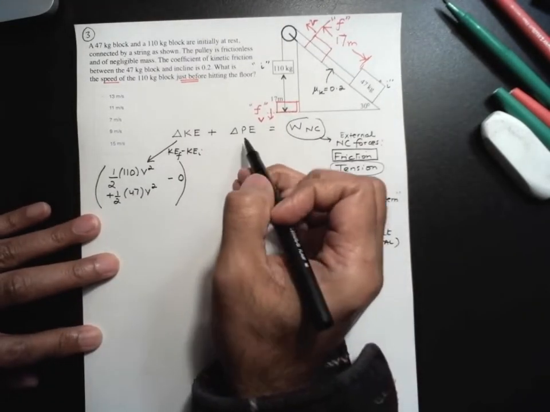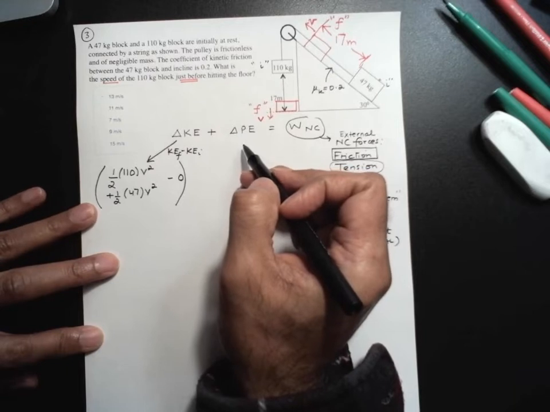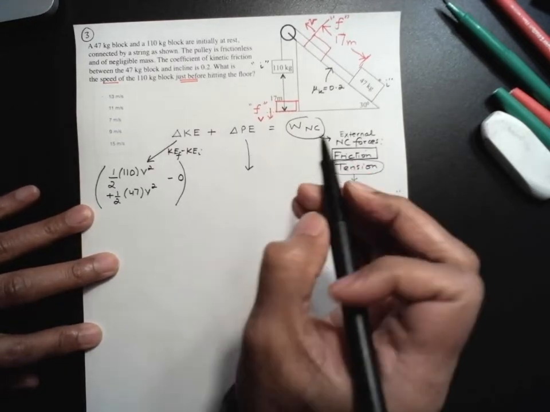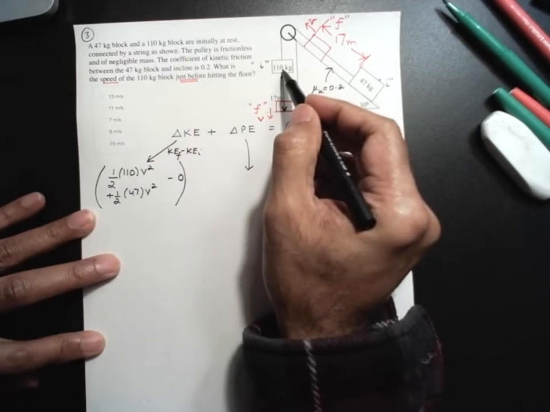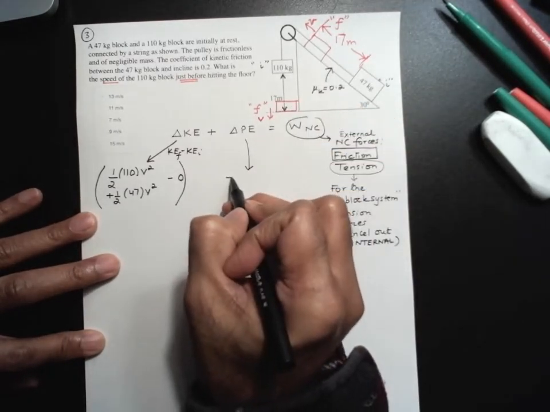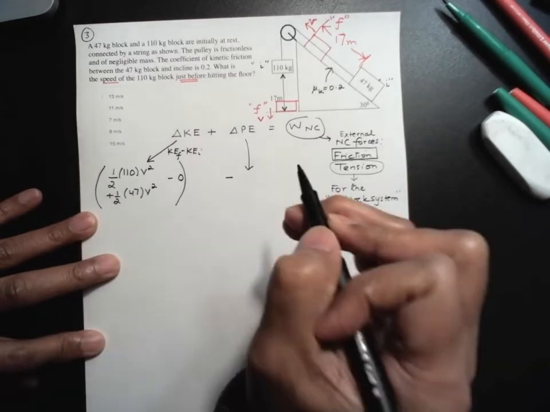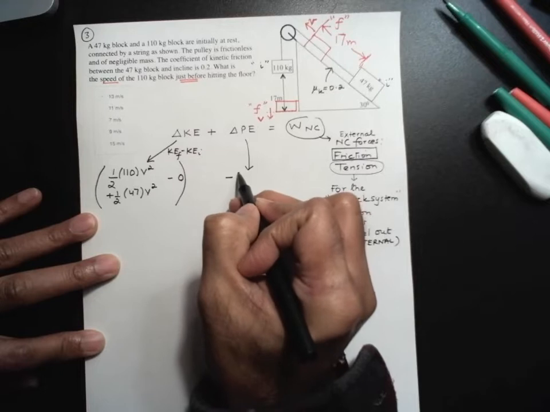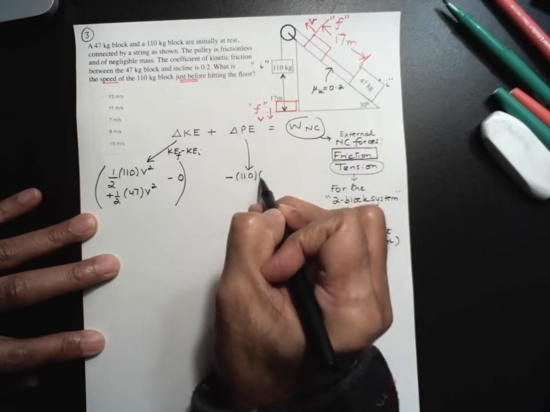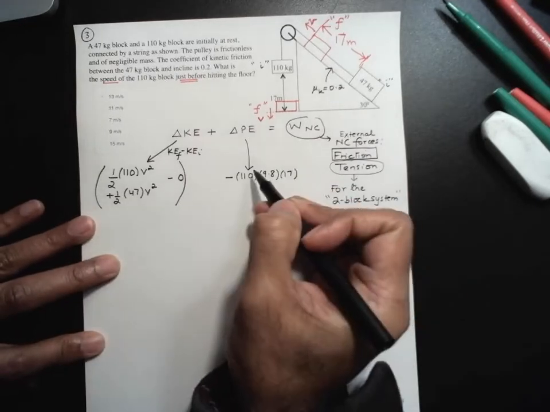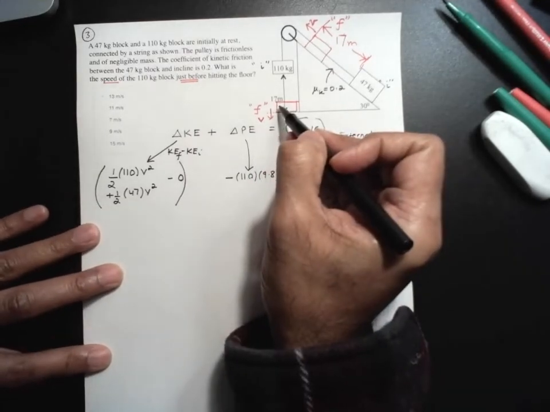What about the change in potential energy? So the change in potential energy for this block, the 110, it fell by 17 meters, so it lost potential energy. The negative sign expresses that, and it's mgh. So 110 times 9.8 times 17, and that's the potential energy lost by the 110.